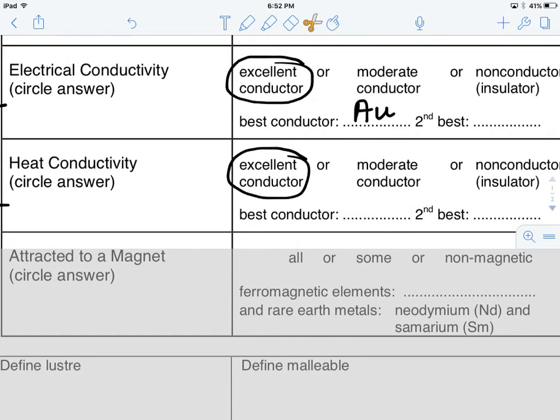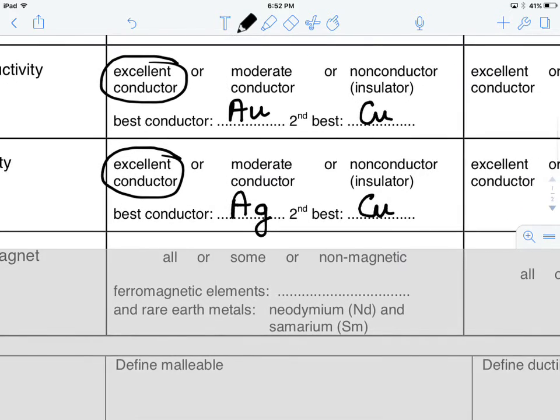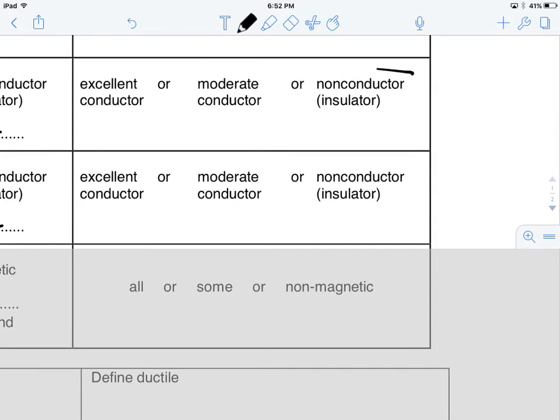The best conductor of electricity is gold. The best conductor of heat is silver. The second best conductor of electricity is copper, and the second best conductor of heat is also copper. As it turns out, nonmetals are non-conductors of both heat and electricity.